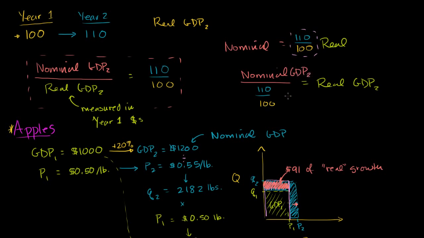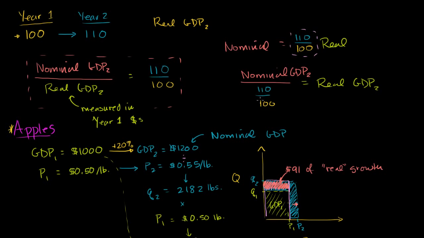And writing it this way, it kind of feels like you're taking your nominal GDP in year two, and prices have increased. There's been a general increase in the level of prices. That's called price inflation. We see that right over here. And now we're deflating it to get real GDP. We're dividing it by the ratio of the prices. We're dividing it essentially by how much the prices have grown, or I guess you could say the ratio between the year two prices and the year one prices.